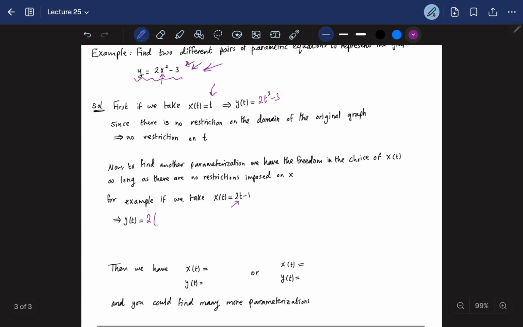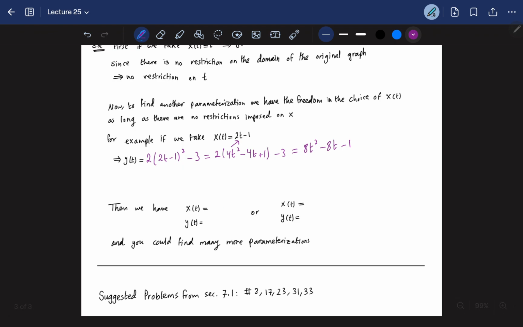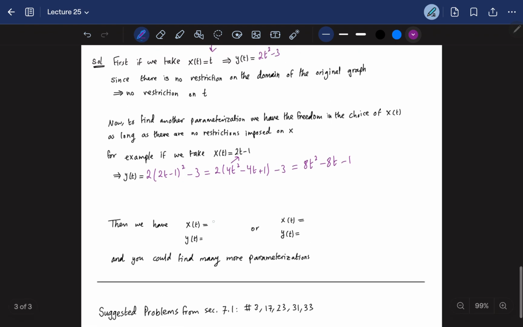So now I have 2t minus 1 squared minus 3. You're going to get 4t squared minus 4t plus 1 minus 3. Once you simplify, you're going to get this equation. Now we were able to find two sets of parametric equations for the function that we started with.